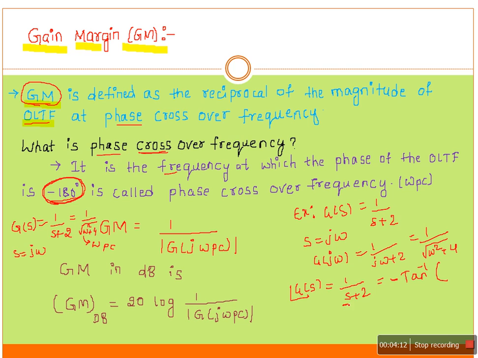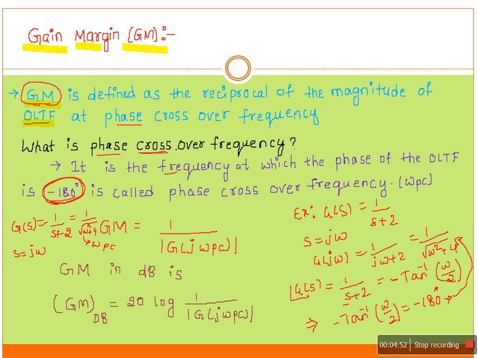In place of the imaginary part we have omega, and in place of the real part, 2. So we equate minus tan inverse of omega by 2 to minus 180 degrees. From this equation you will get the omega value, and you substitute this omega value in the magnitude equation. After that, take the reciprocal, and you will get the gain margin.